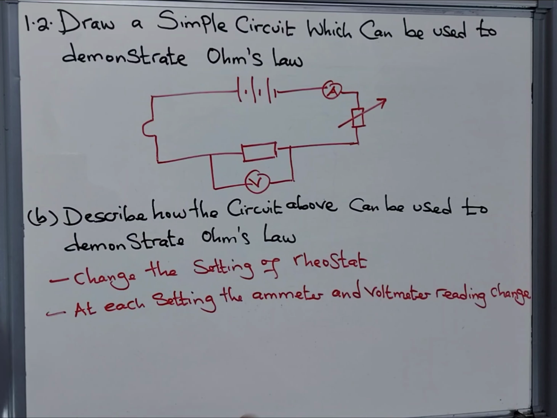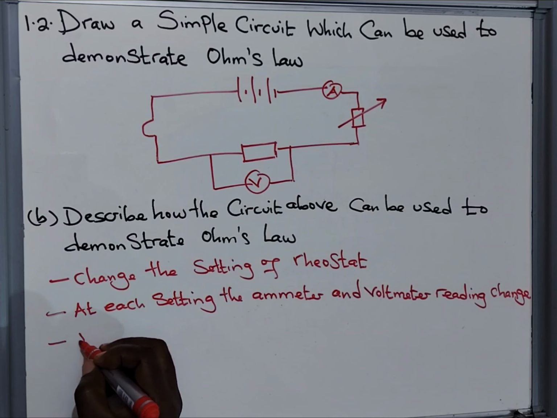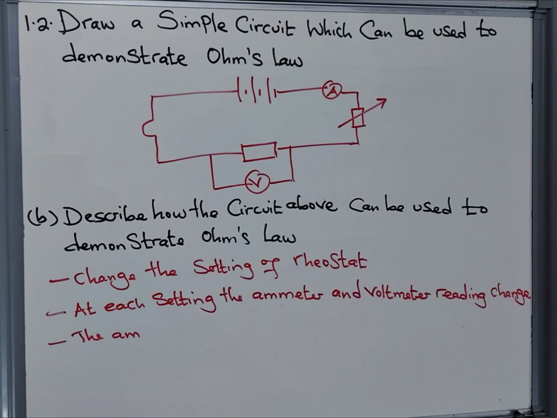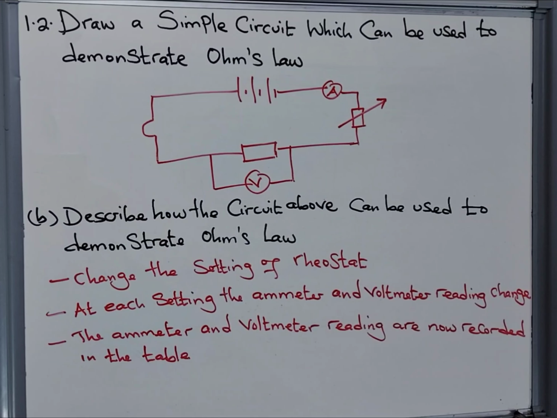So what happens? The ammeter and voltmeter readings are now recorded in the table. So after recording them in the table, what is the next step?